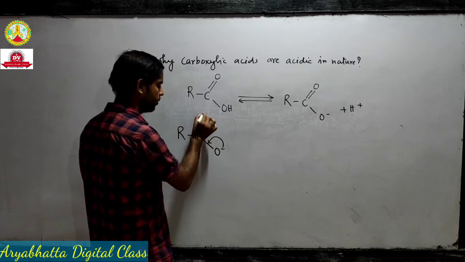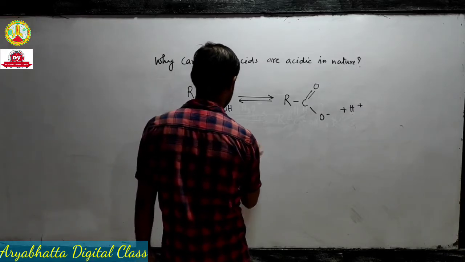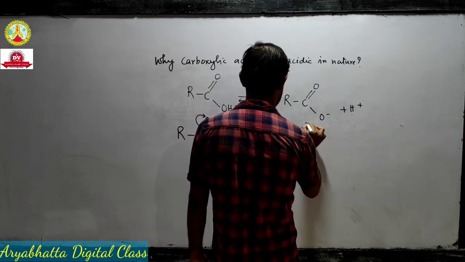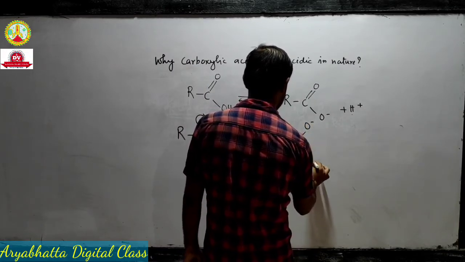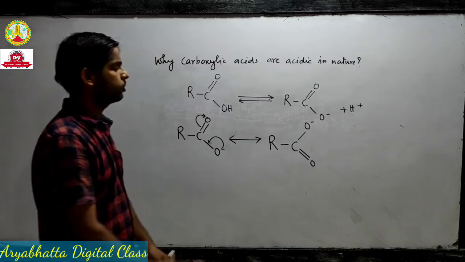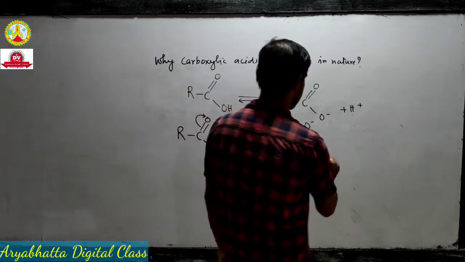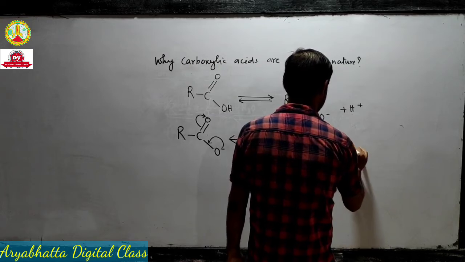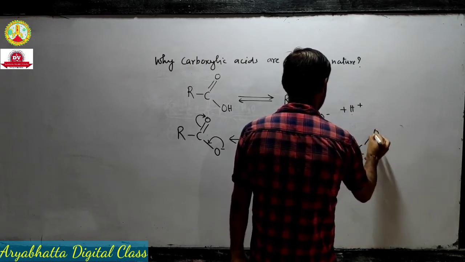So here we get two resonating structures, and we can draw a resonance hybrid structure which will look like this.